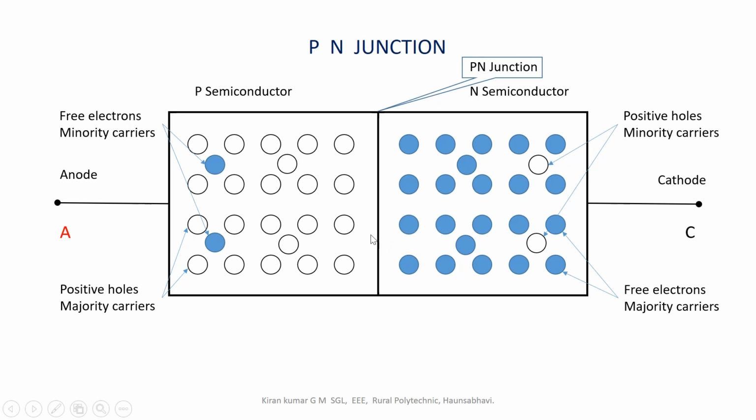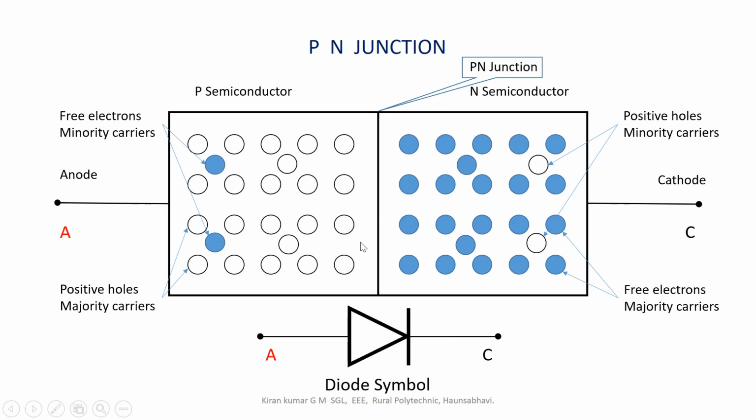This p-n junction is technically named a diode, as it has two electrodes for its external connection. And the symbolic representation of this diode is as shown in the figure below.